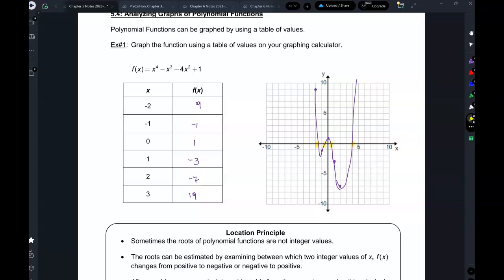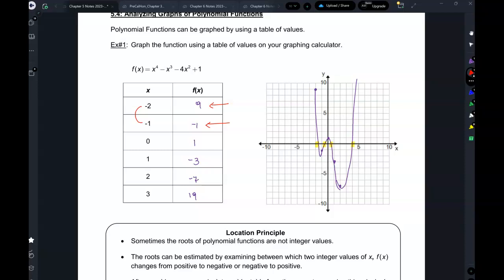So if I take a look at my table here, look, I have a positive value. The next one is a negative value, right? That means somewhere between x equals -2 and x equals -1, there is a 0, okay?